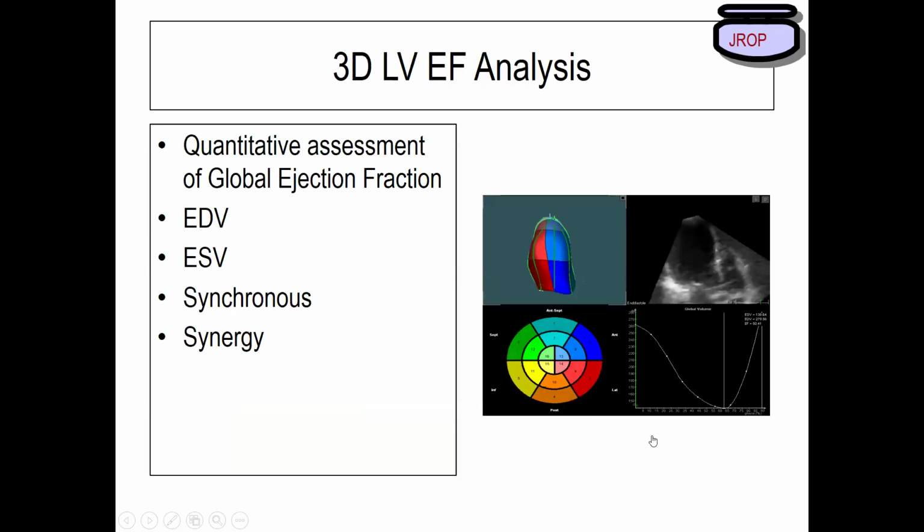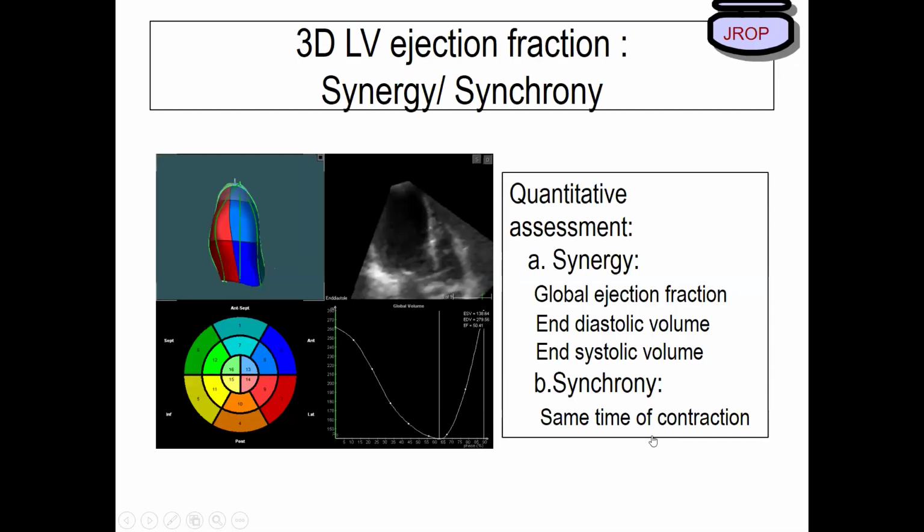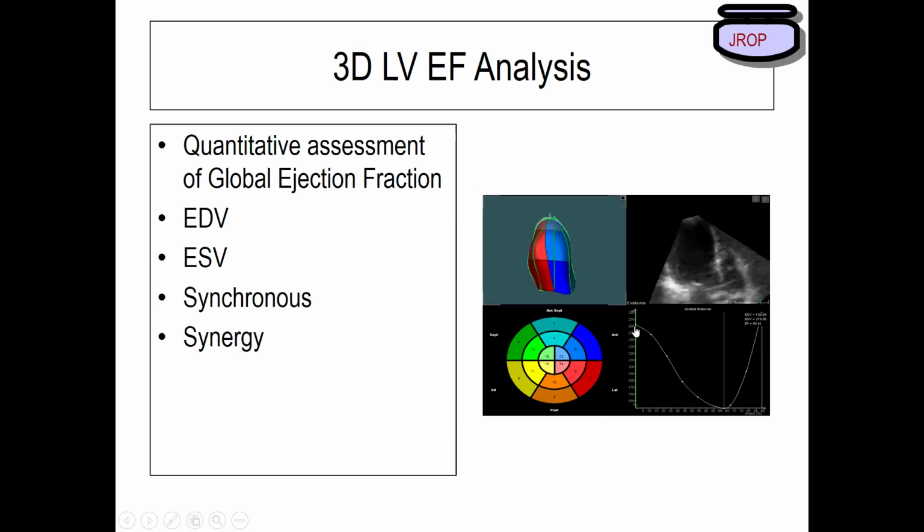Look, the most important part of 3 dimensions ejection fraction is it gives you end diastolic volume and systolic volume, and it gives you contractility. But at the same time, the most important point is how these segments are contracting with systole. Are they contracting at the same time or different time? That's what we call synchronicity.